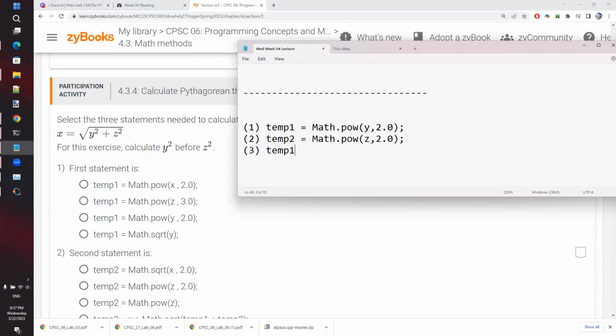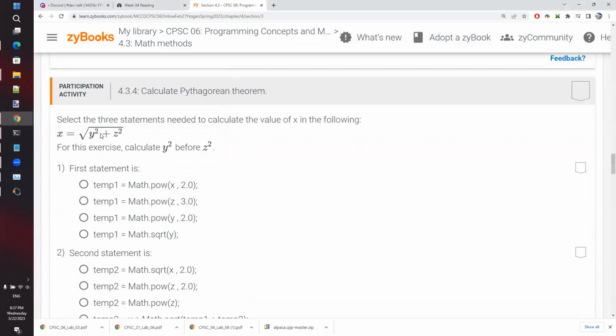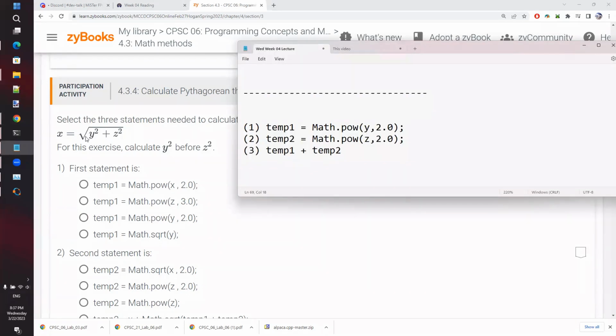So if we take temp1 and we add it to temp2, that's the inside here, y squared plus z squared. And then in order to take the square root of that, it would be Math.sqrt, like that. That would be the square root of y squared plus z squared. And then if we're supposed to set it equal to x, it would be x equals.